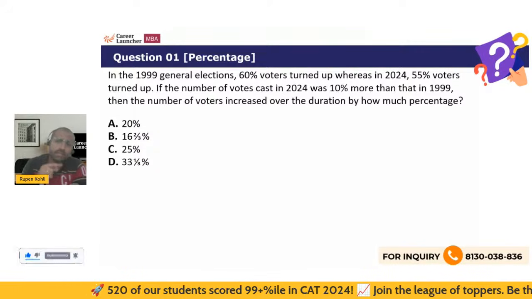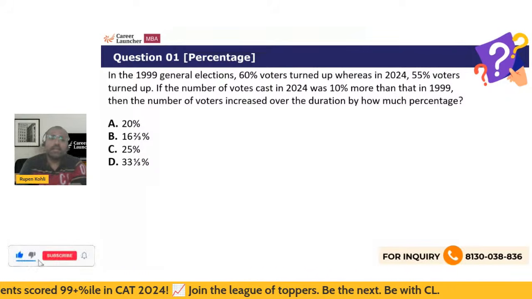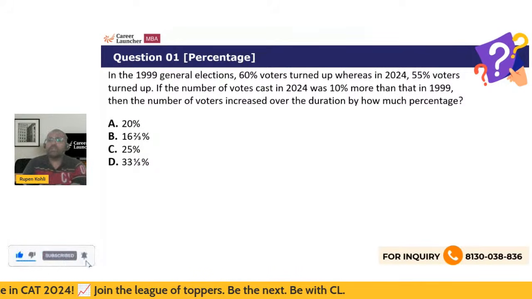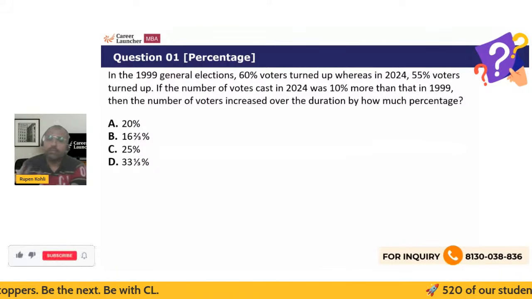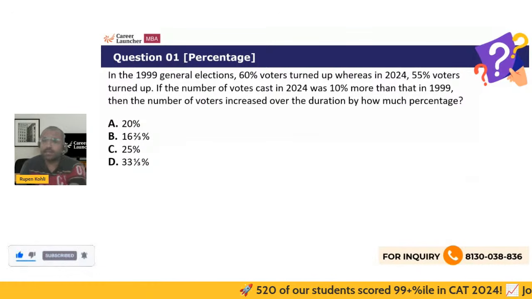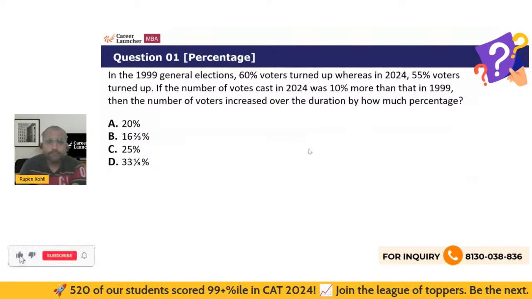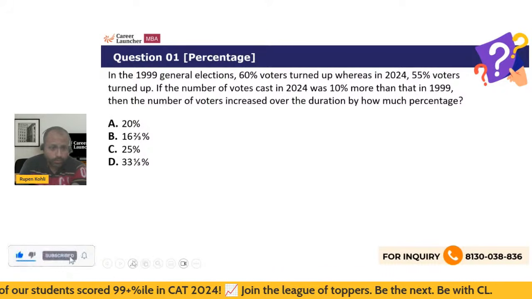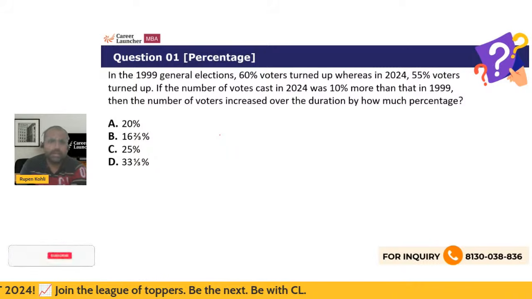However, percentage of voters decreased because base value has changed. Then the number of voters increased over the duration by how much percentage? So obviously, since voters have increased despite the percentage of voters being decreased, the base value must have substantially increased, right?